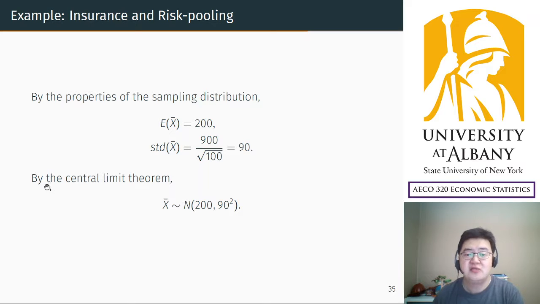Then using the central limit theorem, we have a normal distribution with these two parameters, 200 and 90 squared. Because it's the standard deviation, I used the square there. And as you see, it's amazing.